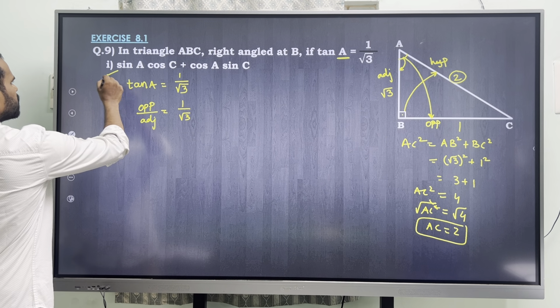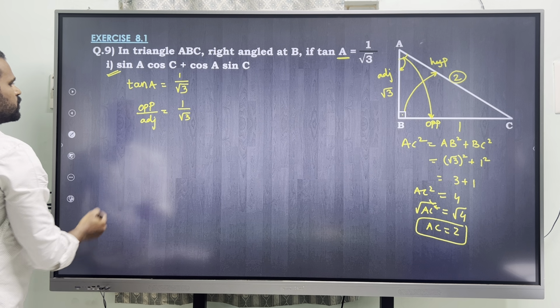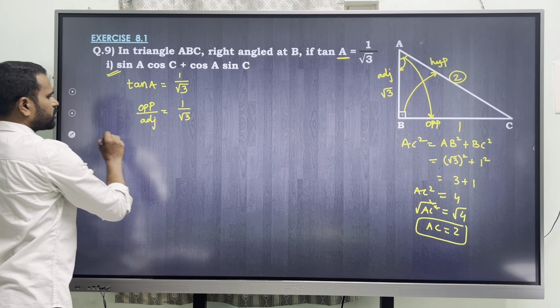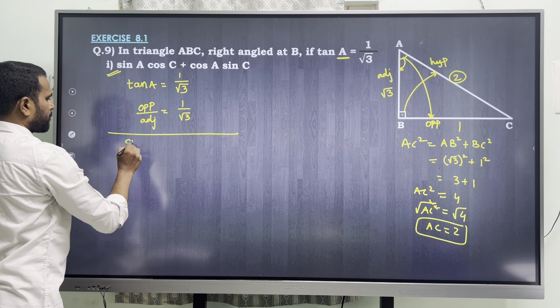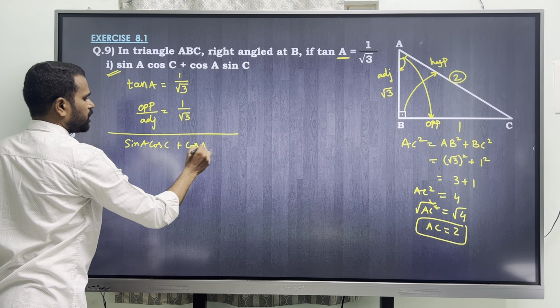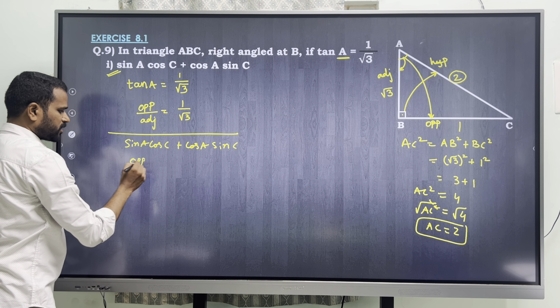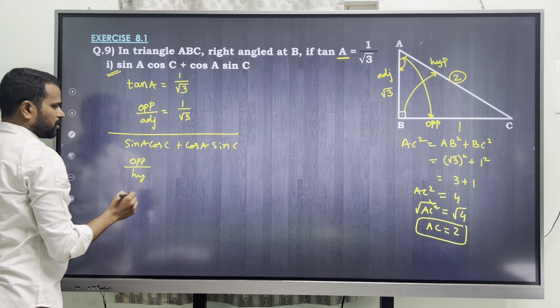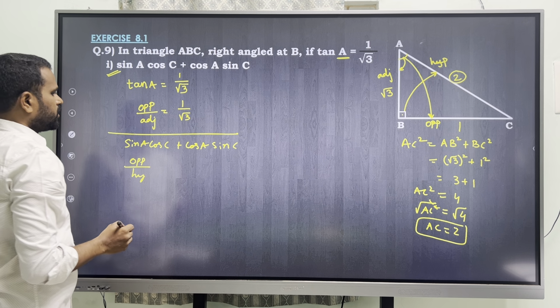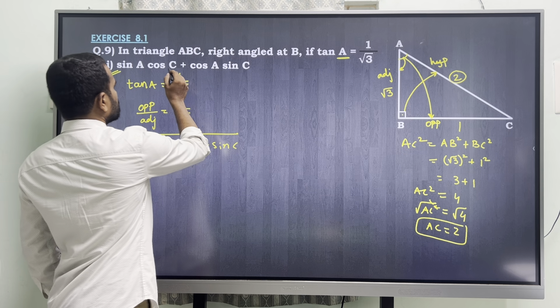Now we have to find sin A cos C plus cos A sin C. The definition of sin is opposite side by hypotenuse, and here we need to see the C value also.